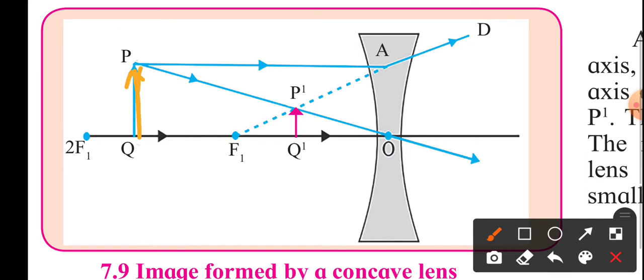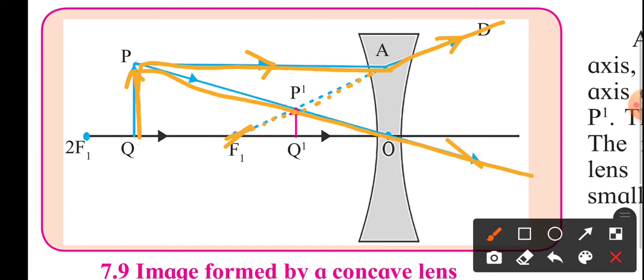One ray which we take parallel to the principal axis will move away from the principal axis in such a way that, in the backward direction, it will pass through the focus, and the one ray which is passing through the optical center will go undeviated. This is the position of the image, where these two rays are intersecting. But this will be a virtual image.